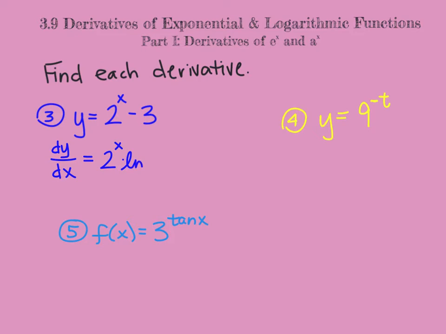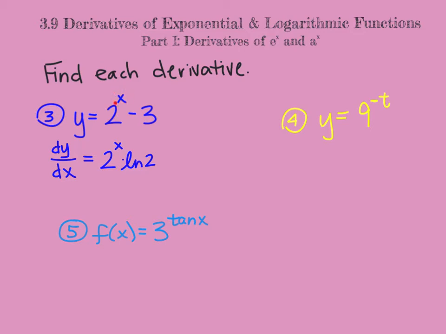times the natural log of the base, ln 2. Now you can put the 2 in parentheses. A lot of times I don't use parentheses here if it's just one thing that we're taking the natural log of. So you can put parentheses around this 2 if you'd like. Again, I'm just taking the derivative of this first term. And then do I need to use the chain rule?